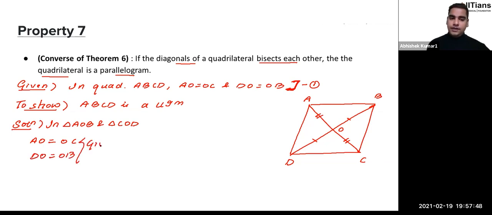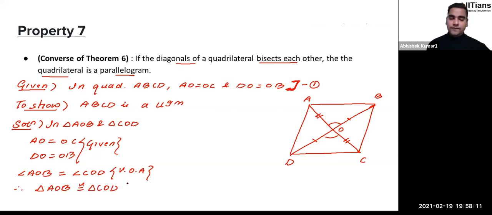And apart from that, what do we have? This angle will be equal to this angle, vertically opposite angle. So you have angle AOB that is equal to angle COD, vertically opposite angle. Therefore, we can say that triangle AOB is congruent to triangle COD by SAS rule.